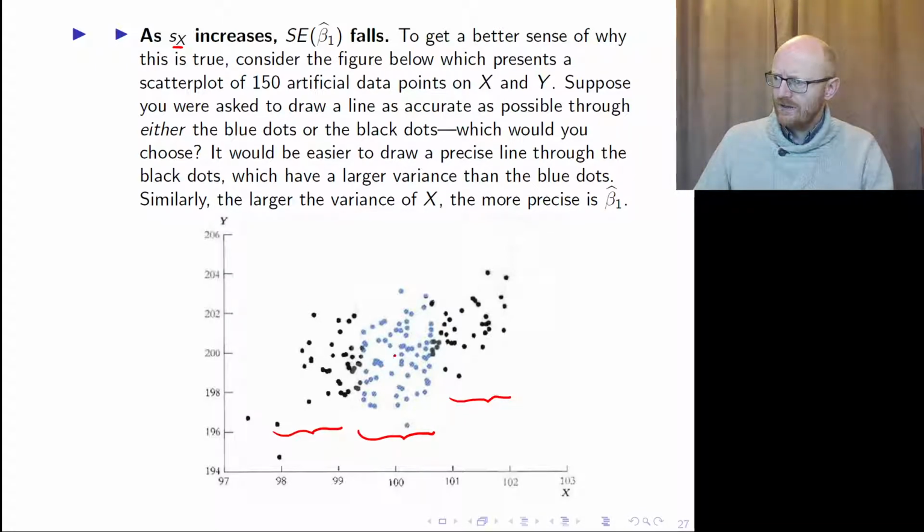If you are trying to draw a line through either of these two sets of points, then you would be more certain to have the correct slope if the points are far away.